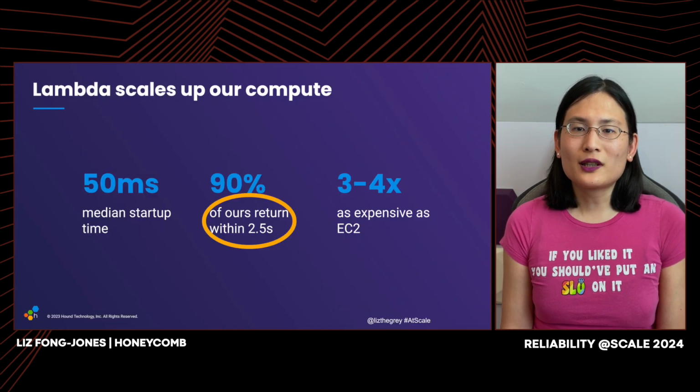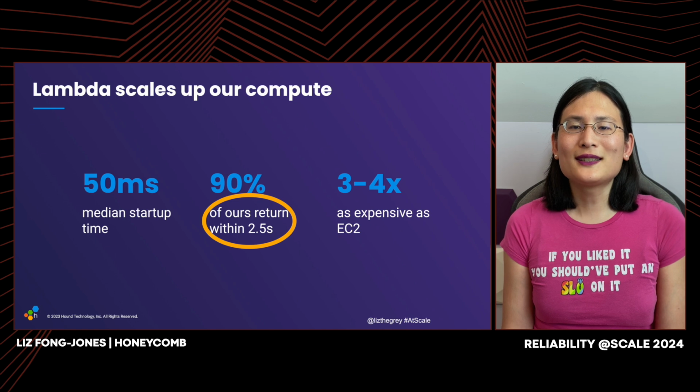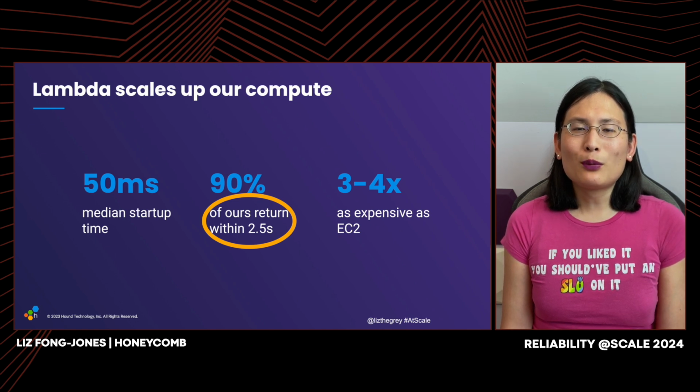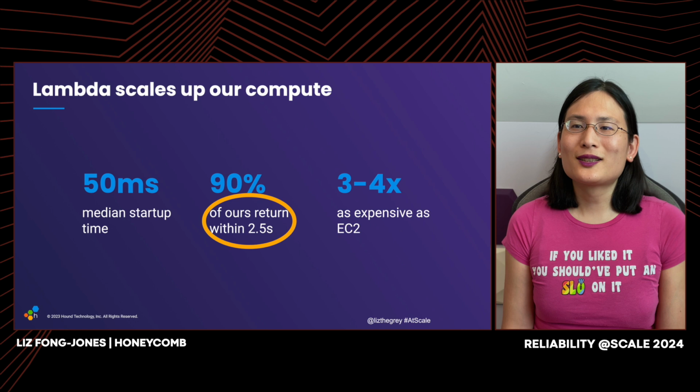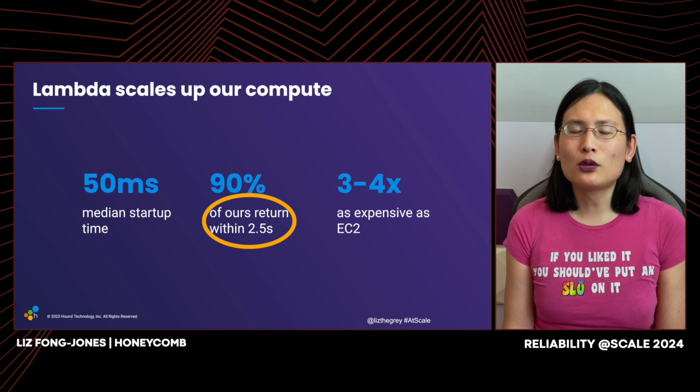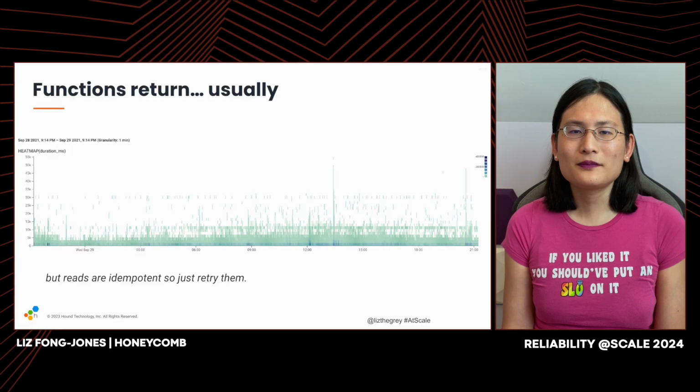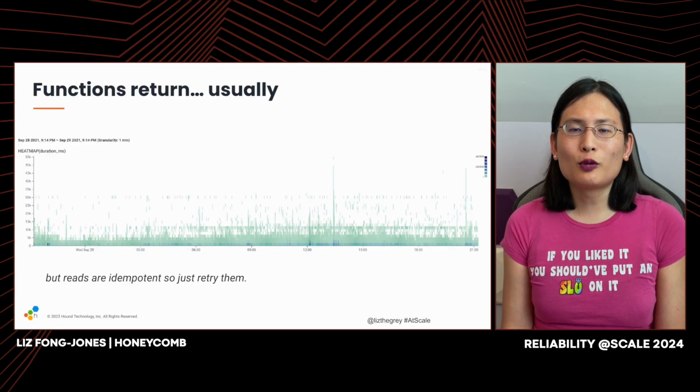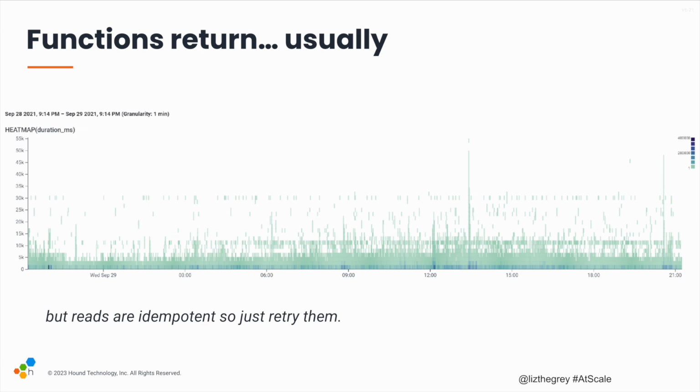But what about making sure that the requests are successful and that the latency is under control? Well, one problem is that while 90% of requests are able to return within 2.5 seconds, there is a very, very, very long tail when it comes to working with S3. Our functions wind up having a significant minority that take 5 minutes to come back or never come back at all.